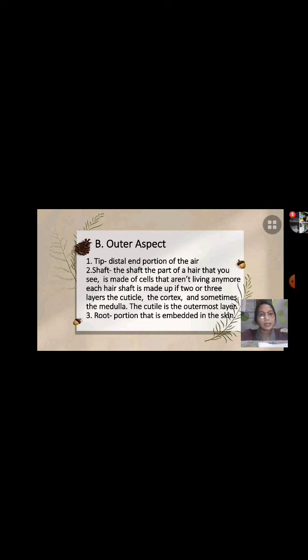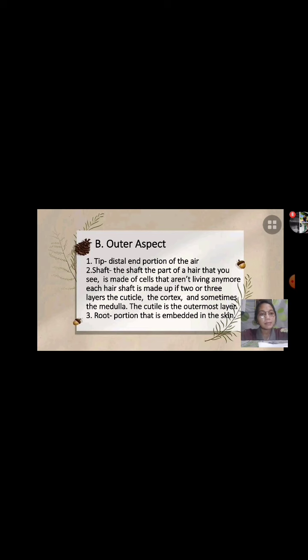Letter B, the outer aspect. So number 1, tip. The distal end portion of the hair. Number 2, shaft. The shaft, the part of a hair that you see, is made of cells that aren't living anymore.